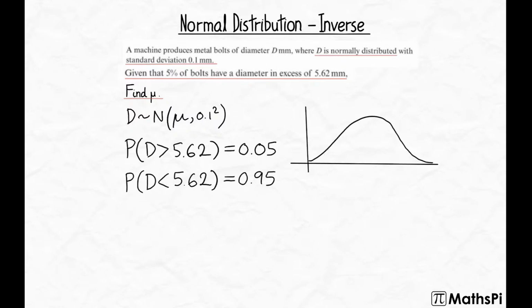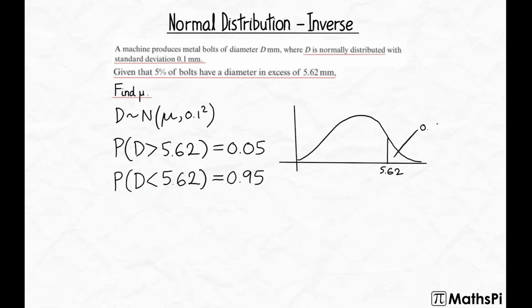In our curve here, this initial probability is represented here. 5.62 you would say is over here, and the reason I would position it here is because the area which is given as a greater than is fairly small, and the area given is 0.05, and so that means quite simply that the area to the left of this point here must be 0.95. And that's how we get this second statement here.